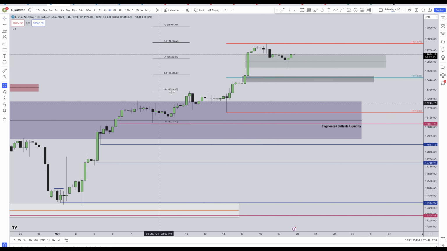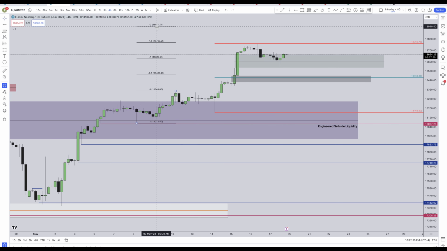This is how I'm going to be looking at the higher targets, because we don't have any prior highs to work on. So this is another level I'm going to be looking at, if it purges this level and then tries to make another all-time high. So this is with respect to NQ.